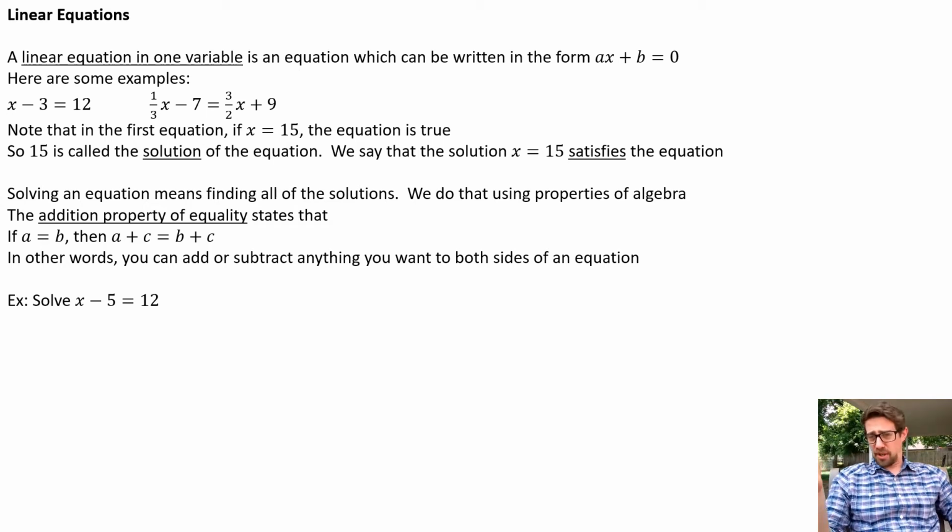Okay, so now that's just a move that you're allowed to do. So solve this one. x minus 5 equals 12. Again, you already know that the solution is 17, but here's how to really do it: you just add 5 to both sides of the equation. And the point of that is to get rid of this. So you want to get x by itself, or isolate x. We'll talk more about that in a second when it's harder.